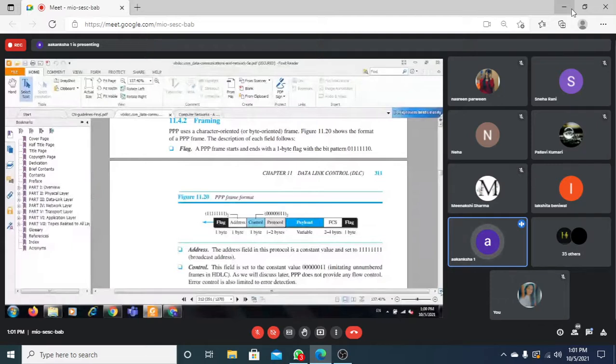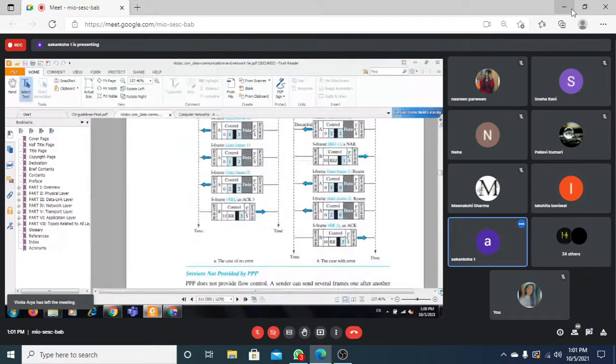Then the control field is set to the constant value of six zeros and two ones, which indicates unnumbered frames, because we are not doing sequencing. Sequence numbering is not being done, and it does not provide any flow control, only error control.